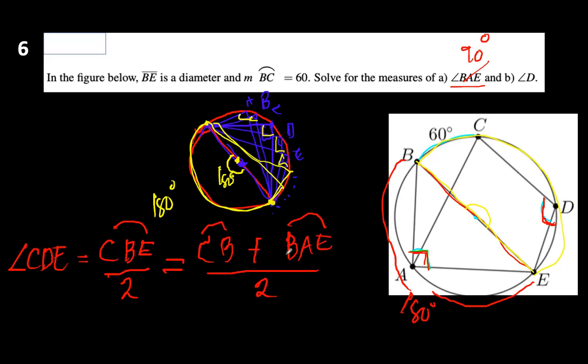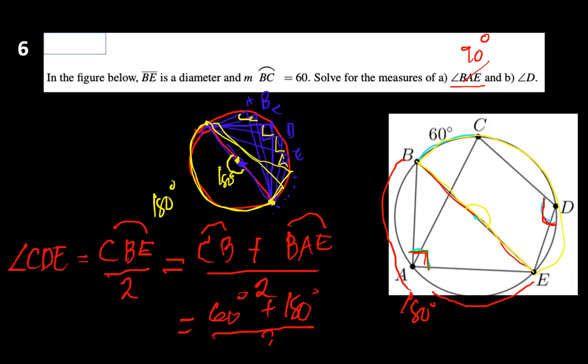We knew that arc CB is equal to 60 degrees, and arc BAE is a semicircle, therefore it's 180 degrees.